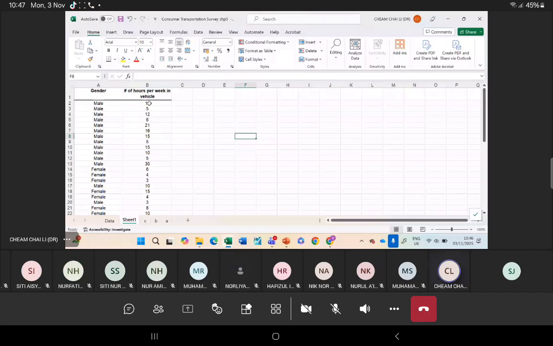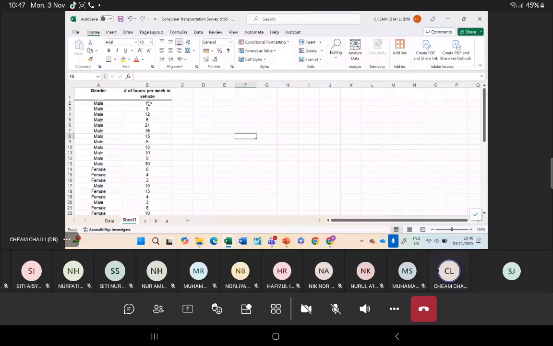You select this gender, go to data here, and choose this one, sort from A to Z. When I sort this, you see everything changes accordingly.